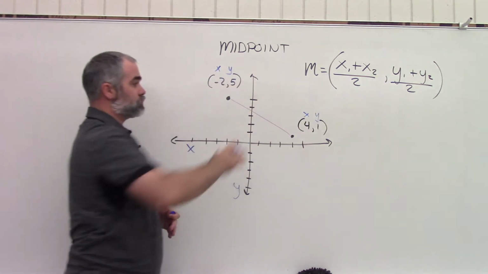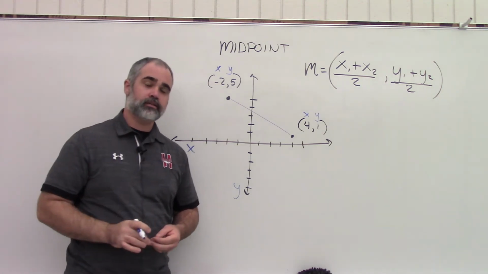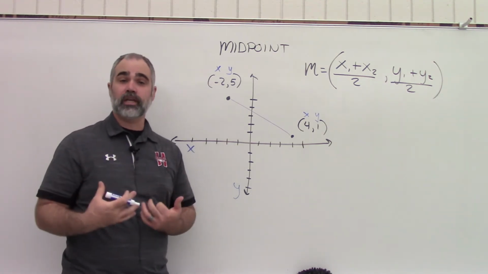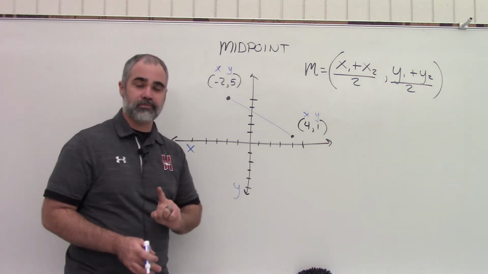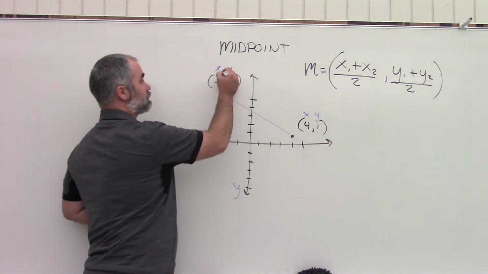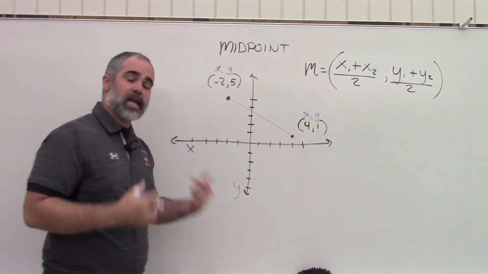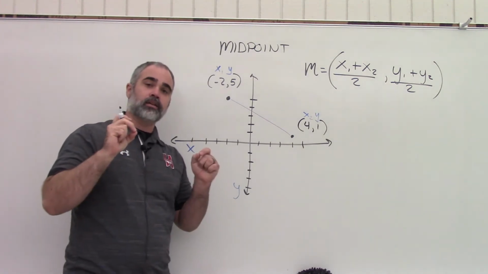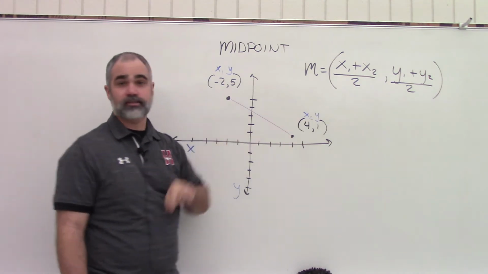But since I have two x's and two y's, I want to tell the difference between the two x's. So I'm going to write a little subscript underneath. I'm going to say this is x1, and this one I'll just call x2. Again, that's not an exponent, that's a subscript. All it does is say this is the first x and this is the second x.